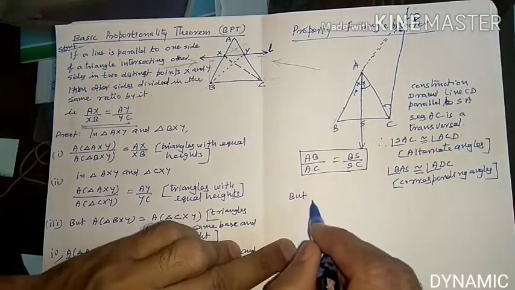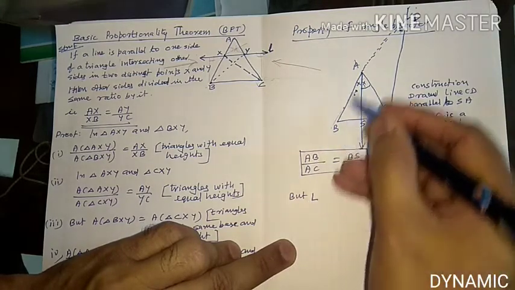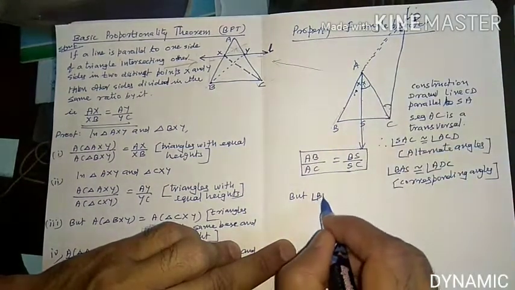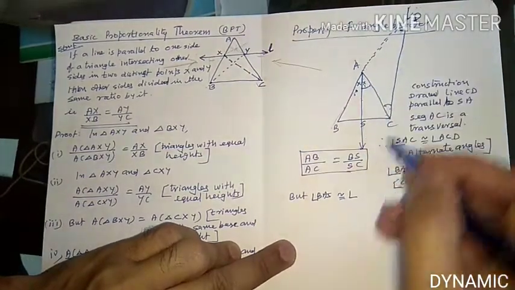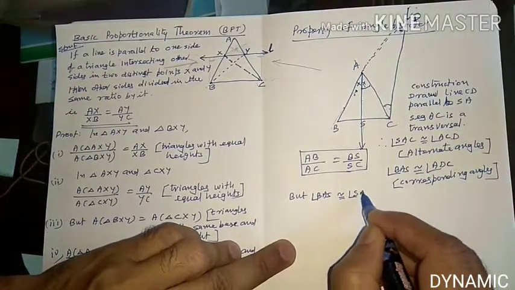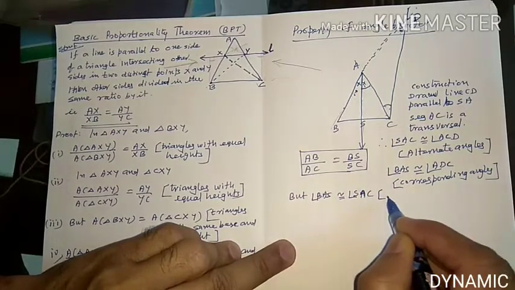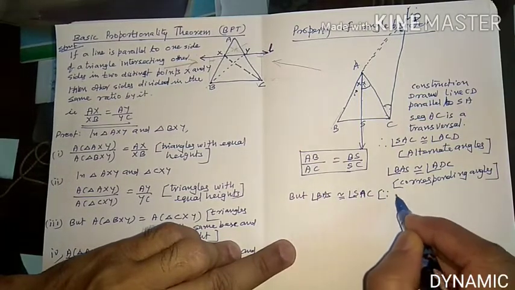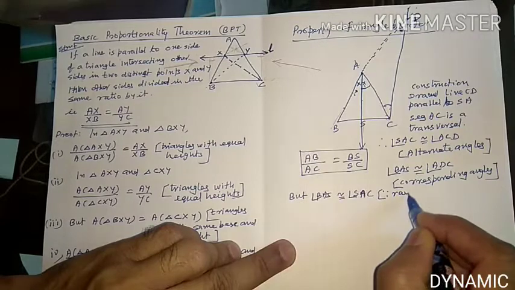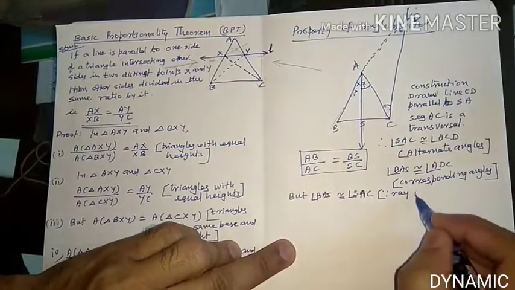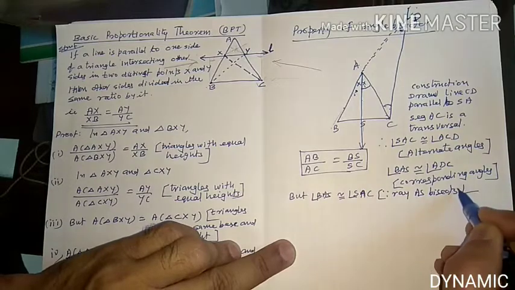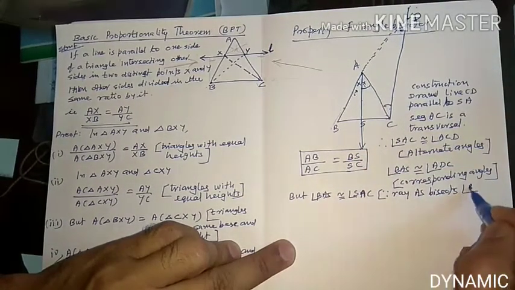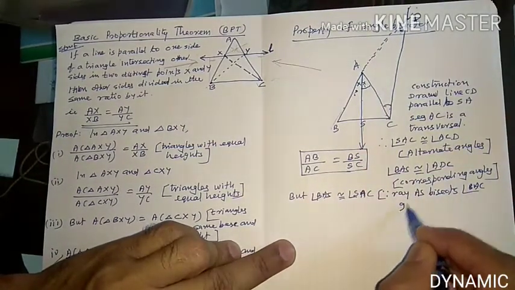But angle BAS is congruent to angle SAC. What is the reason? Since ray AS bisects angle BAC, or you can directly say given.